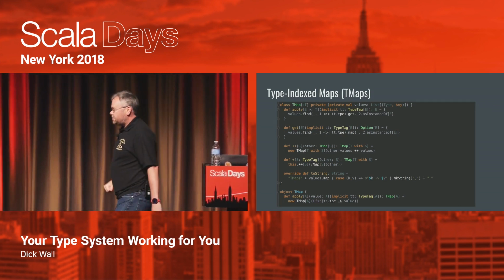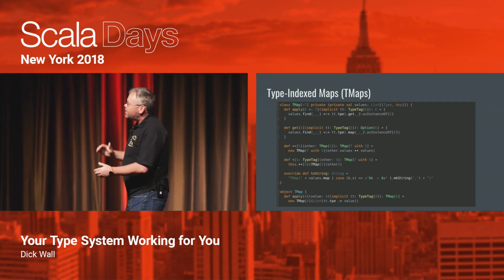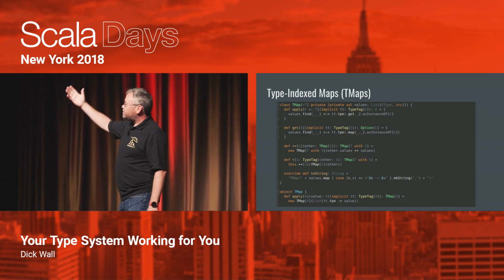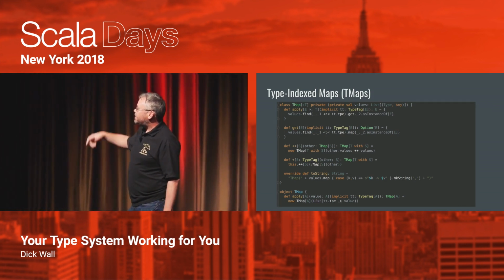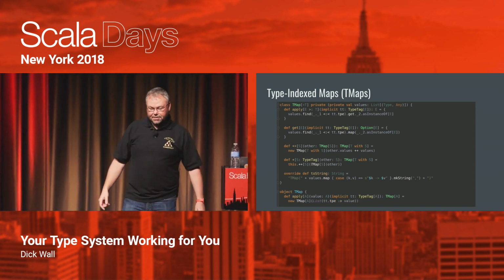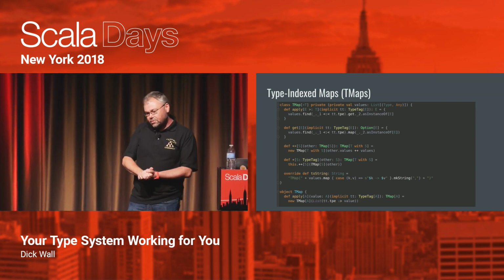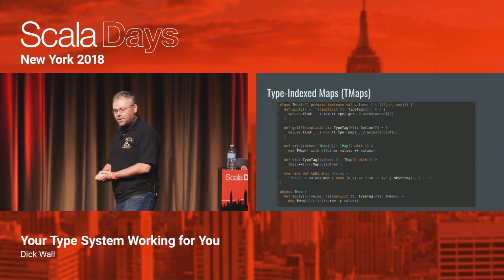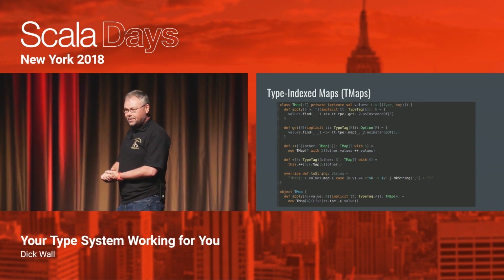This is what I was telling you my friend Chris showed me many years ago, and I've come back to it just occasionally. It's a very few lines of code, and some of them aren't even necessary here. They're conveniences. This is a type indexed map. And you can sort of think of it as approximately what an HList is to a list. This is to a map, okay?